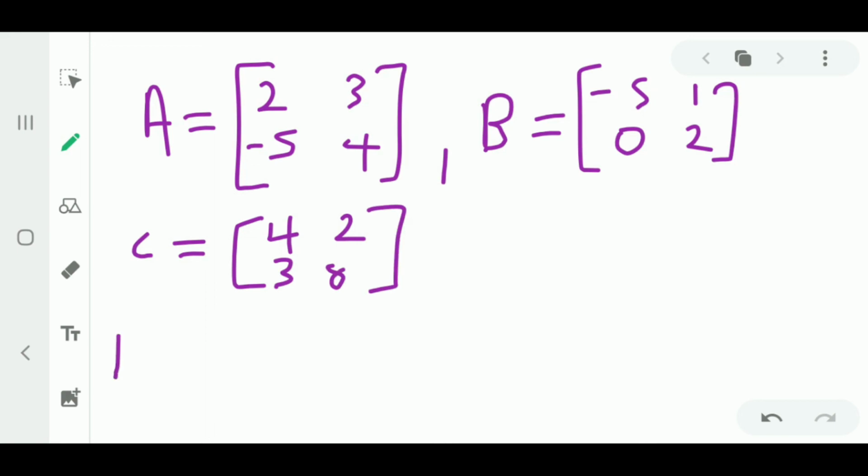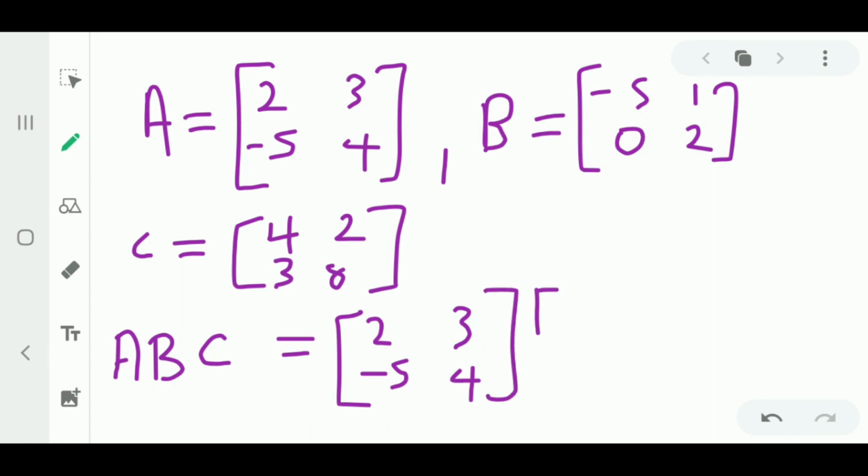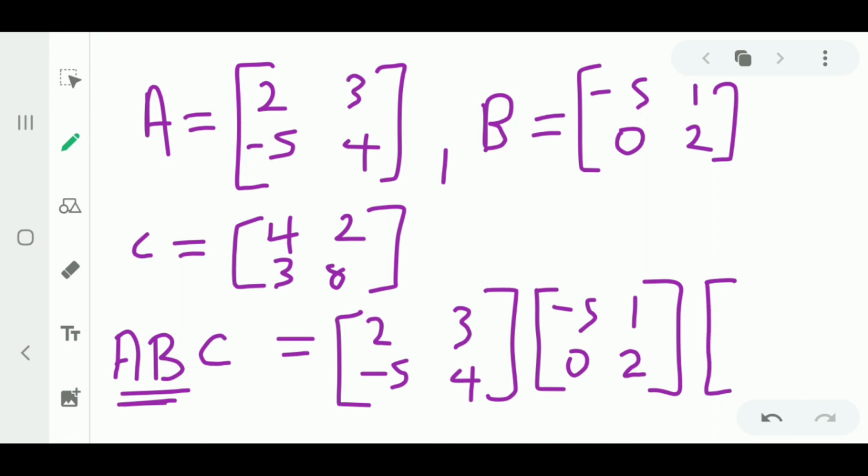Let's say they had asked you to find ABC. What you'd do first is you'd multiply A by B. So you multiply A by B first, simplify that, and then whatever you get, you multiply that answer by C. And you get your final answer.